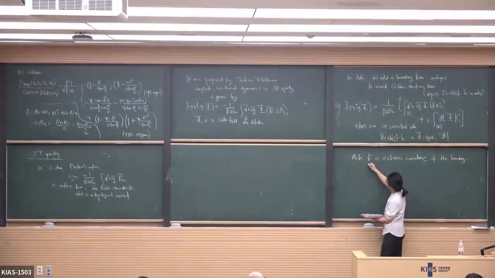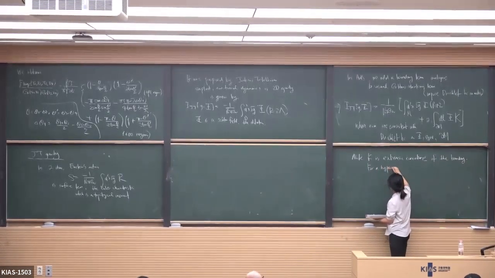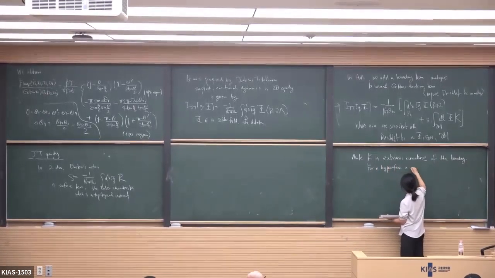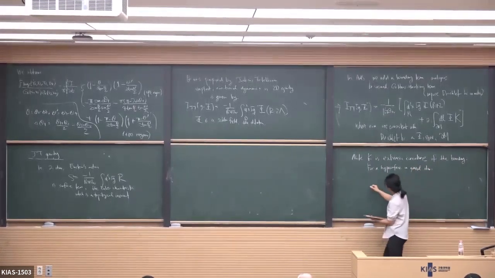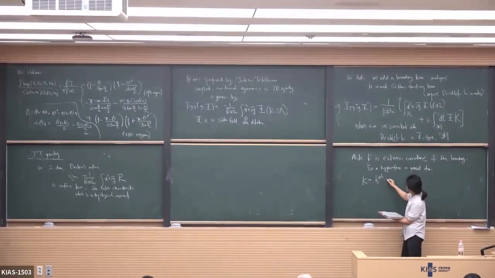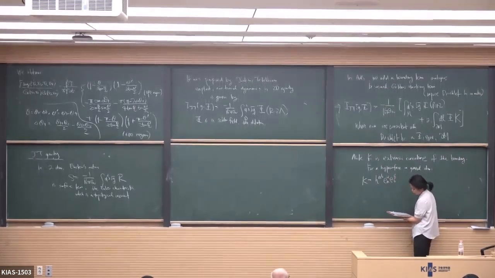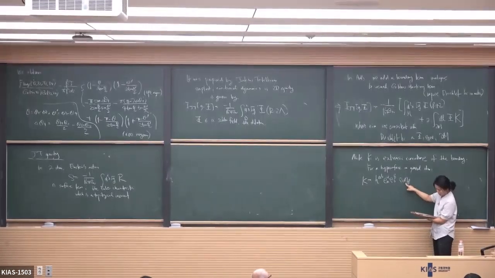For a hypersurface in general dimensions, K is equal to, where h is the induced metric on our surface, e^alpha_A and e^beta_B are projection vectors, and we have the derivative of the normal vector.